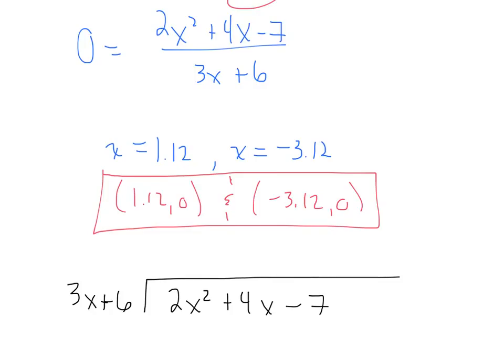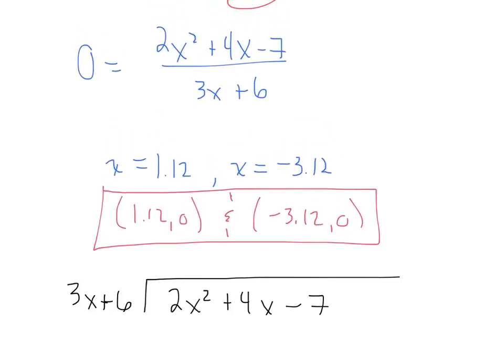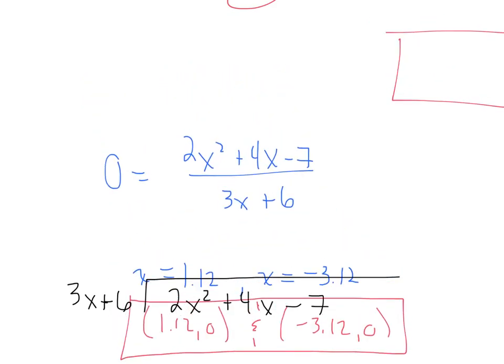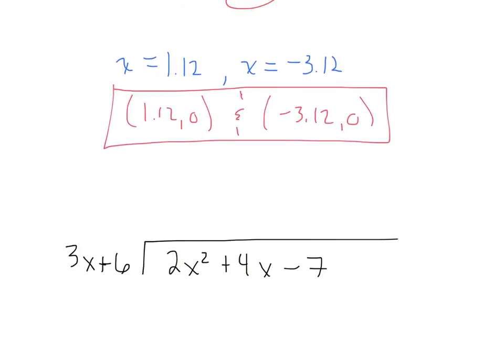Now, the reason this is difficult, and that's why I said would I probably give you something like this, what would you use in this problem here? What would you put up top for this part?